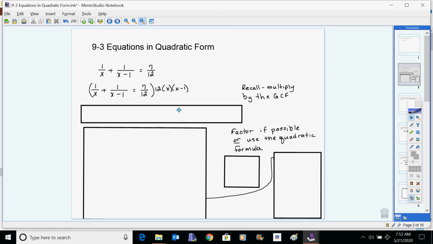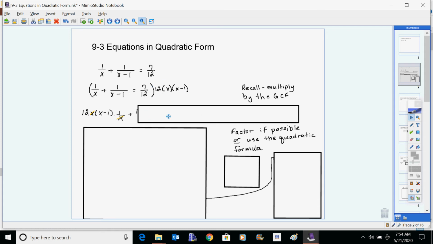If it's not obvious why we would want to do that, it's because each one of these things is going to cancel out one of the denominators, which is going to make your work easier. So when you distribute this to each piece, this is what it looks like. First, 12x times x minus 1, when multiplied by this, the x's are going to cancel.